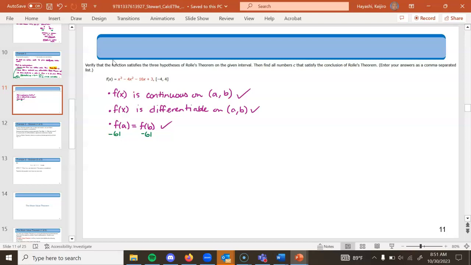Okay, so Rolle's theorem applies, and there is guaranteed to be at least one value in between -4 and 4 where the derivative is 0.